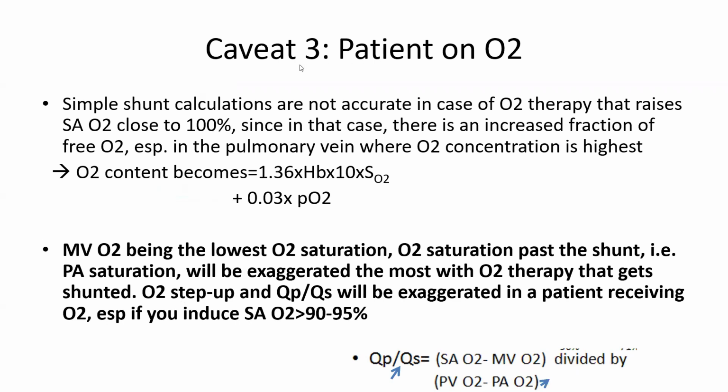Now, another caveat, the third caveat of this shunt calculation, is being on oxygen. That's an important thing to understand.